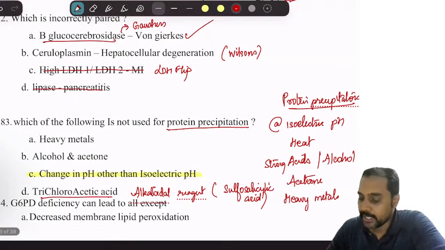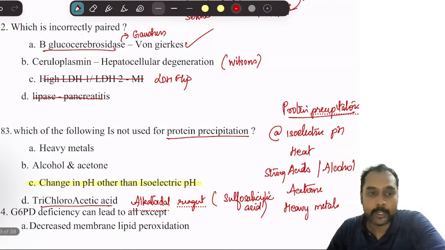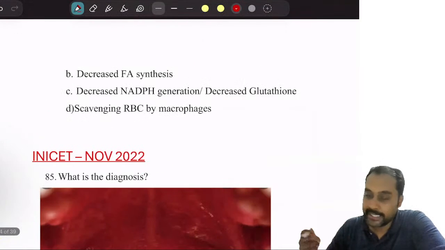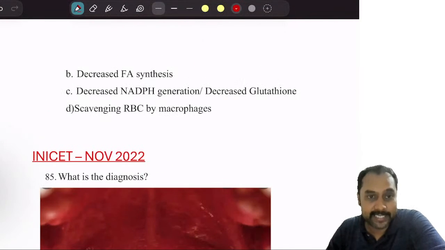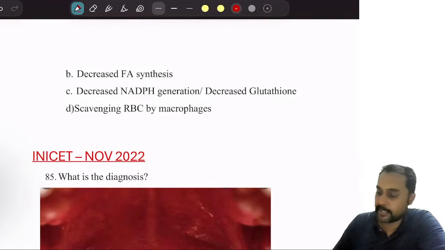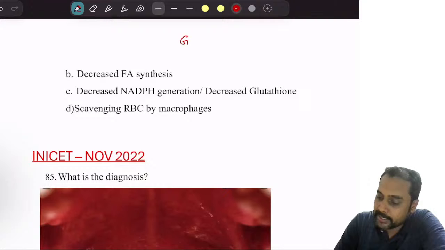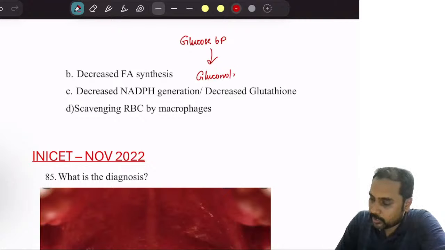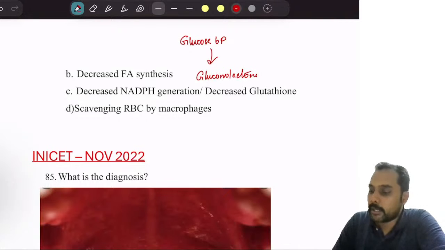Okay, fine. G6PD deficiency can lead to all except: decreased membrane lipid peroxidation, decreased fatty acid synthesis, decreased NADPH generation, or scavenging of RBC by macrophages. Now, what is the reaction of G6PD? Glucose 6-phosphate is converted to gluconolactone. Now, in this reaction, NADPH is produced.